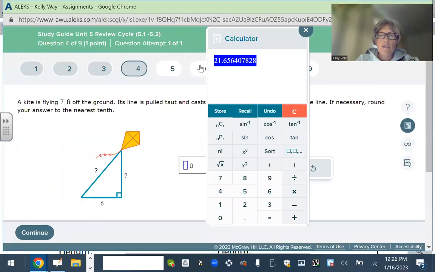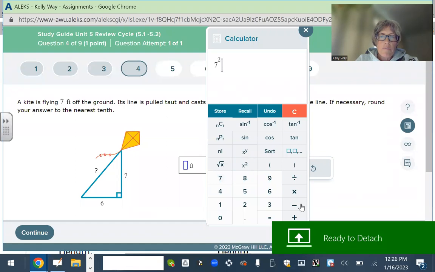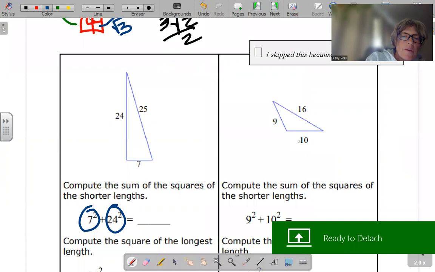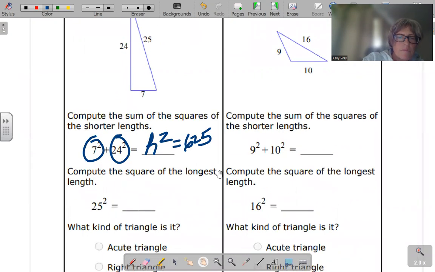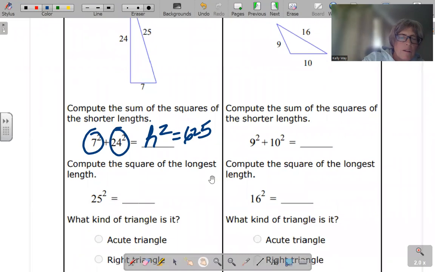On the ALEKS calculator, 7 squared plus 24 squared, that equals 625. And that is going to be hypo squared equals 625. And to solve for that, you do the square root and you end up with 25.